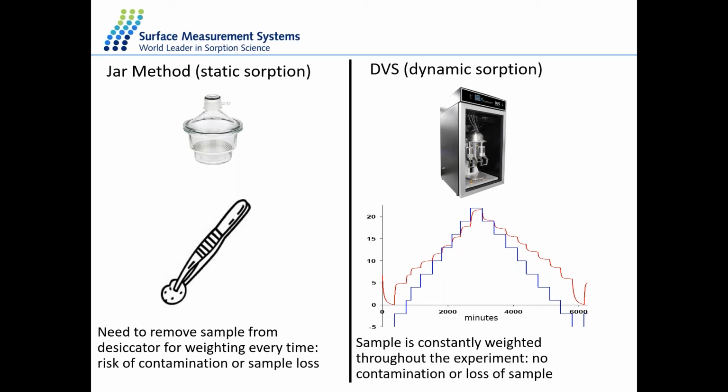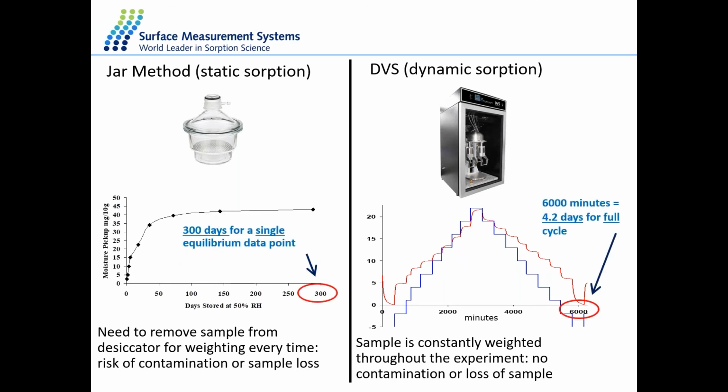Here is, for example, the difference between the same experiment performed on the left on a jar method and on the right on a standard DVS. Exactly the same sample requires about 300 days on a jar method. It's about 4.2 days in a DVS. Moreover, you can see over here that in a jar method, we are only increasing the mass.